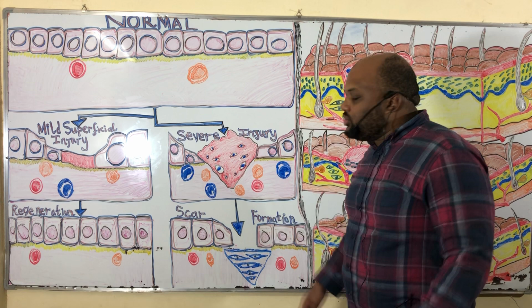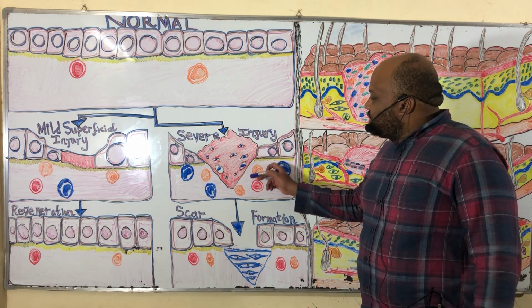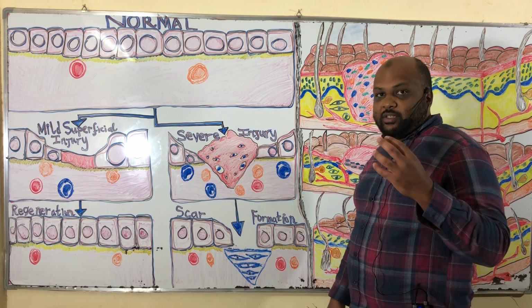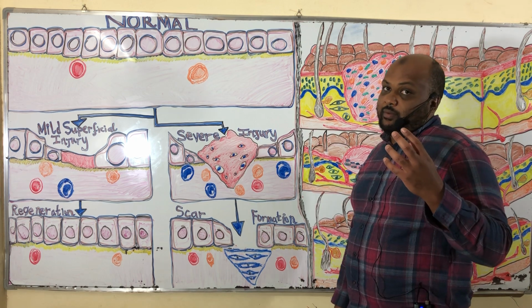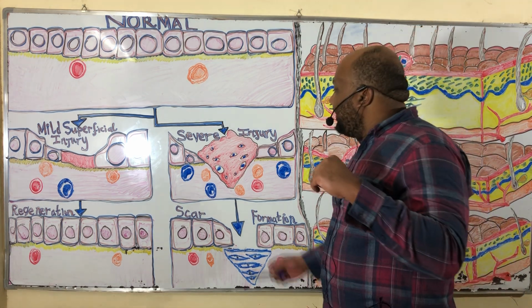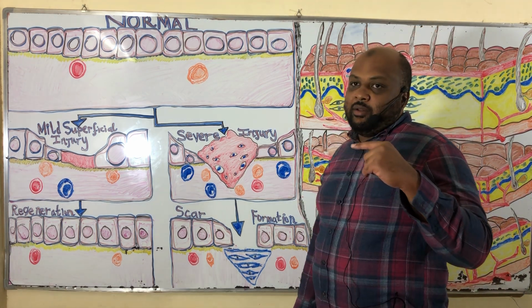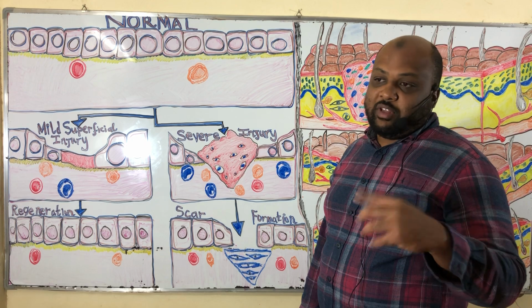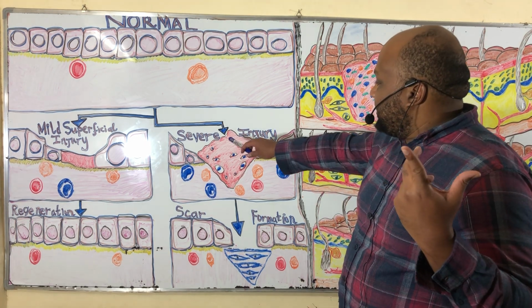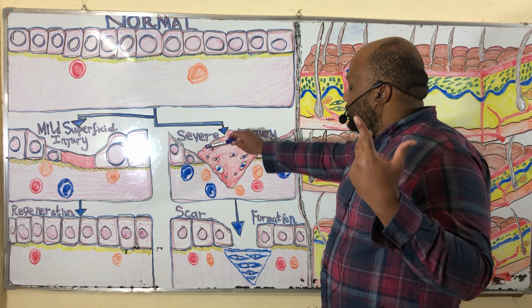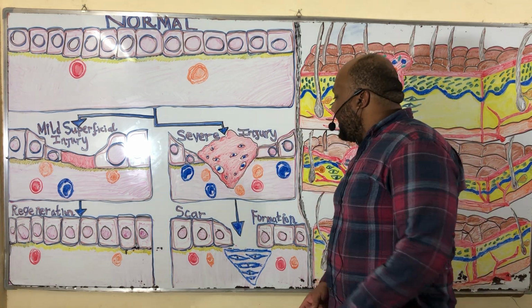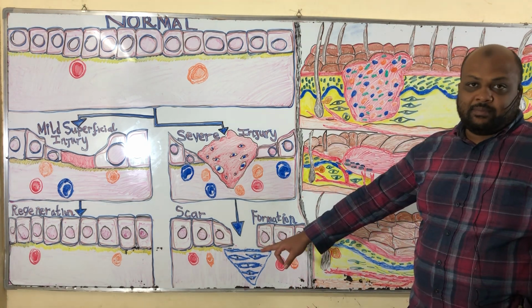However, in the severe injury, the injury is so deep that the epithelial layers can no longer proliferate fully. So we don't have the epithelial cells doing the main role, or stem cells. The stem cells don't participate in the healing of severe injury that goes deeper into the underlying tissue. But what we have is fibroblasts.